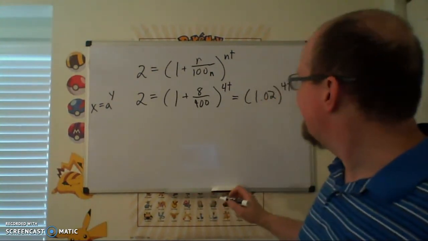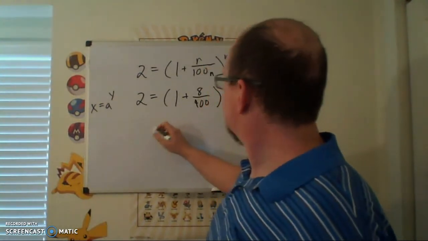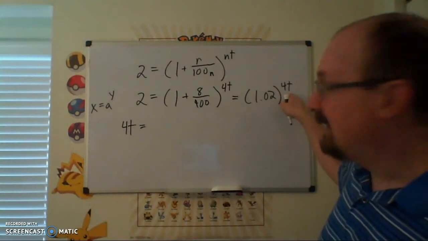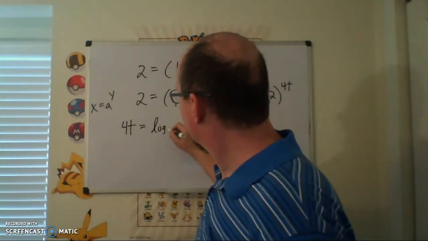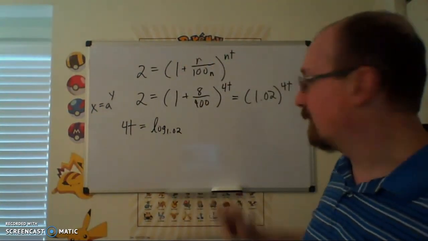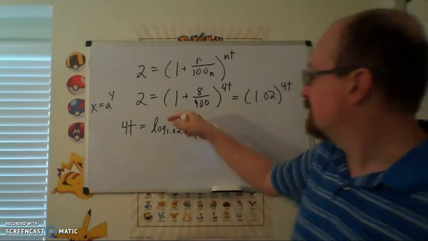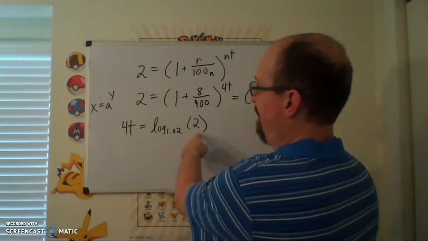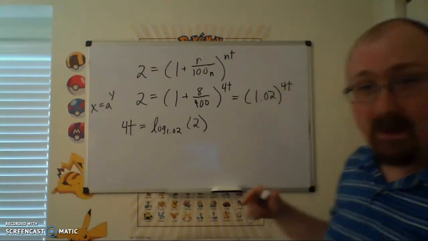So now I can reinterpret this as, I'll have 4t, because I have y equals the base a log, so I have the log base 1.02, again, it's okay, of 2. So y equals log base a of x. So we've got x, a, y. Okay?